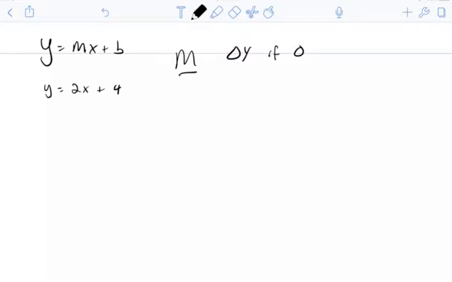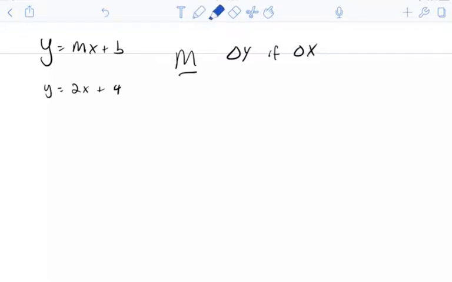Okay. So a brief note, you might be wondering why we call things the slope and why we call things the intercept. So for example, 2x plus 4. We're going to get into this in more detail when we talk about graphing, and hopefully it'll make a lot more sense to you. But the idea behind the slope is that it tells you how y will change if I change x.